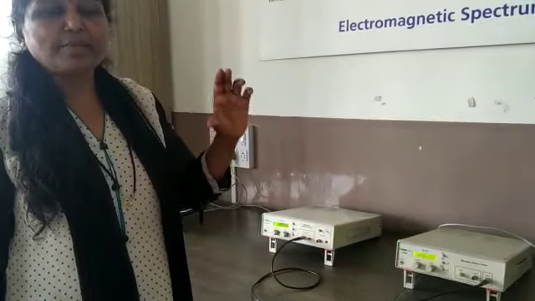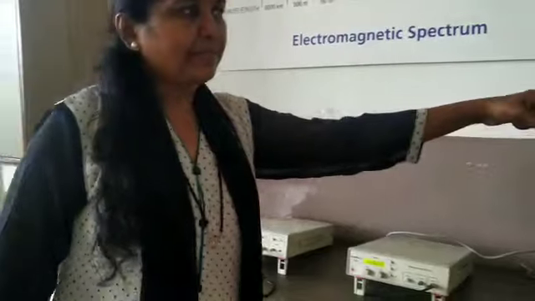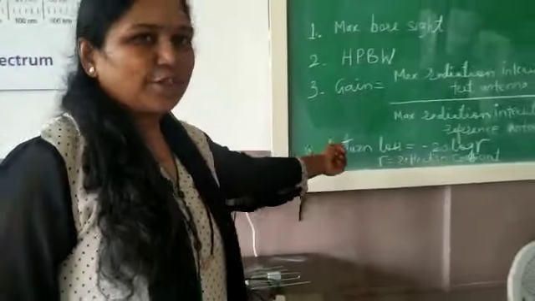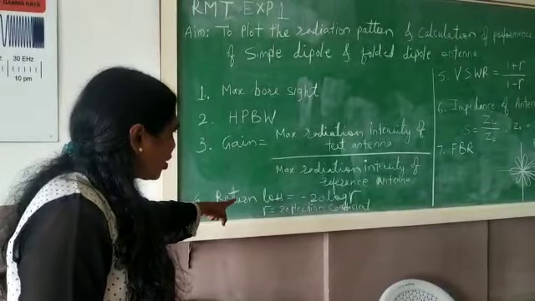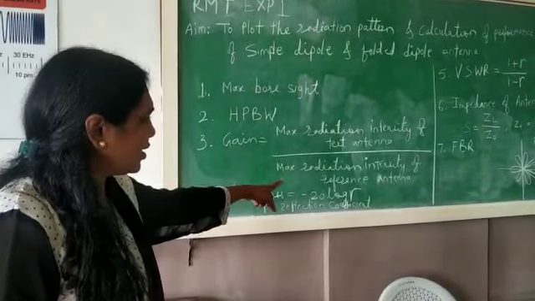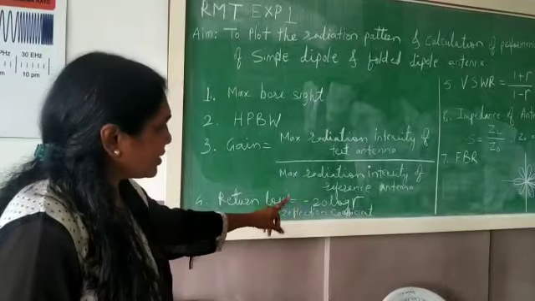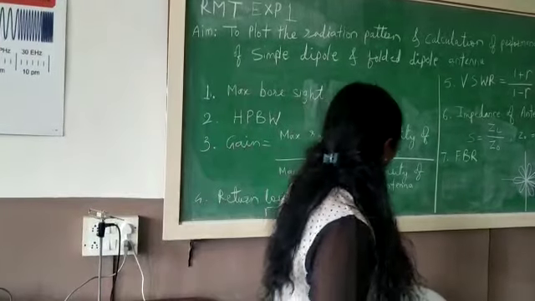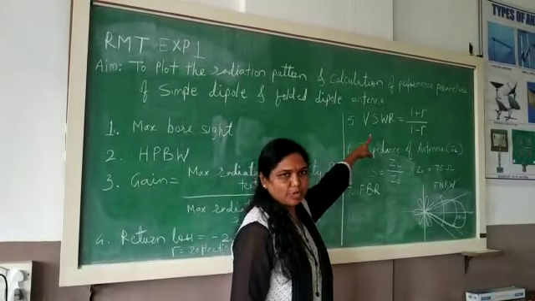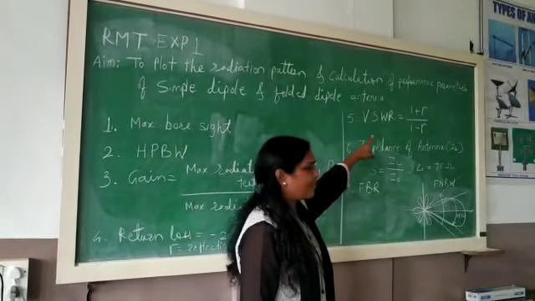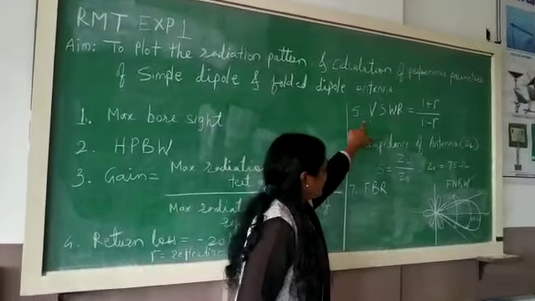and from that minimum reflected power we can measure the reflection coefficient with the help of this equation, that is return loss equal to minus 20 log of gamma. And then from the value of this gamma we can calculate the VSWR, that is voltage standing wave ratio, using this equation.